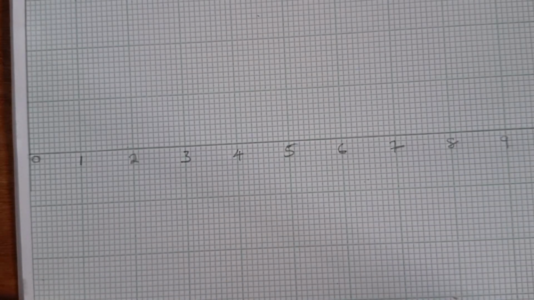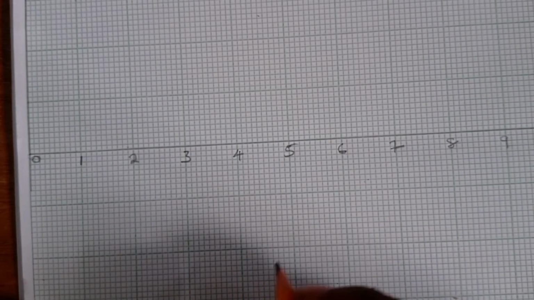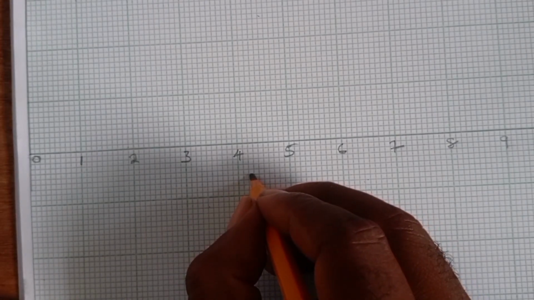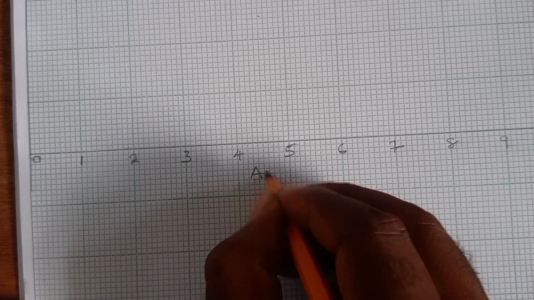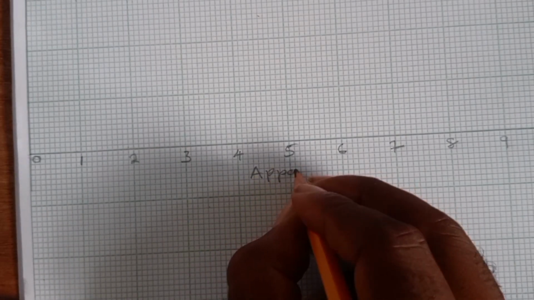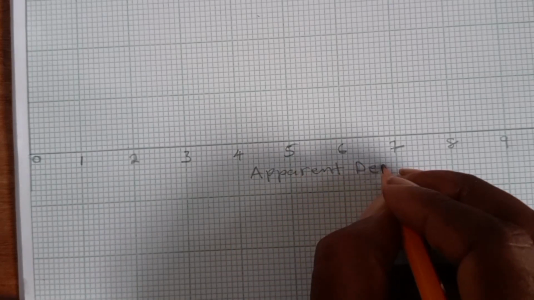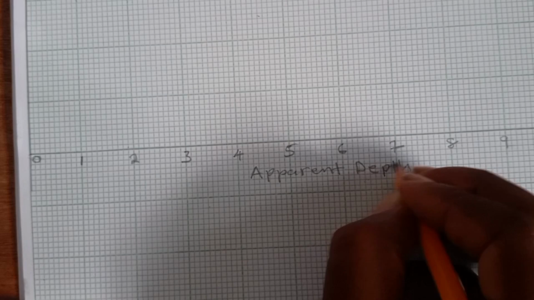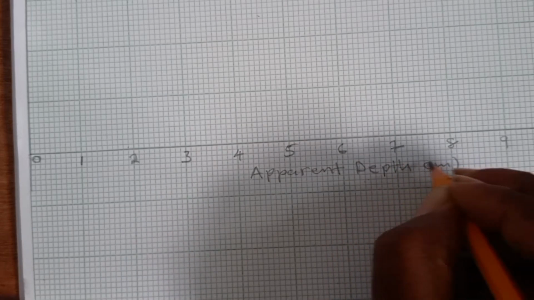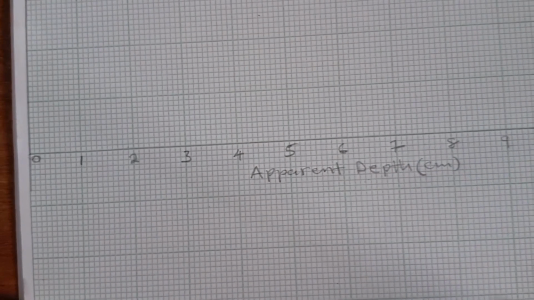Then you have to label the axis. The x-axis is the apparent depth, so apparent depth in centimeters. Then we go to the y-axis, which is 2 centimeters to 2 units.